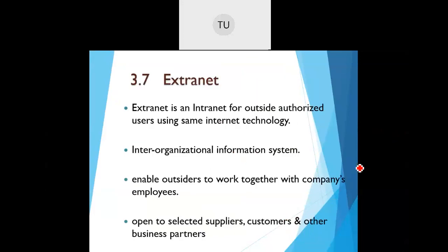Extranet. What is extranet? It comes from two words, extra and net. Extranet is an intranet for outside organizations using the same internet technology, an inter-organization information system that enables outsiders to work together with the company's employees, open to selected suppliers, customers, and other business partners.